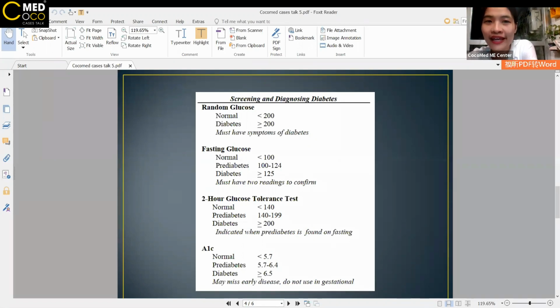And moreover, it's cheap. It's cheaper than HbA1c. And the really important thing here is that it is used for screening for diabetes, because they ask us about appropriate screening tests.